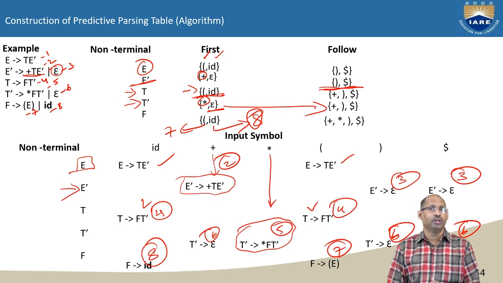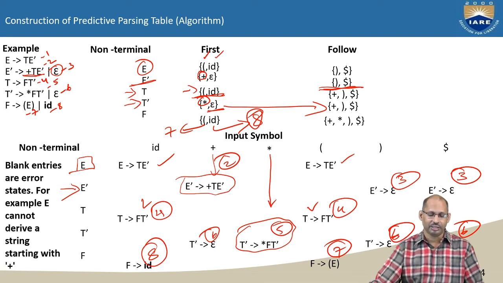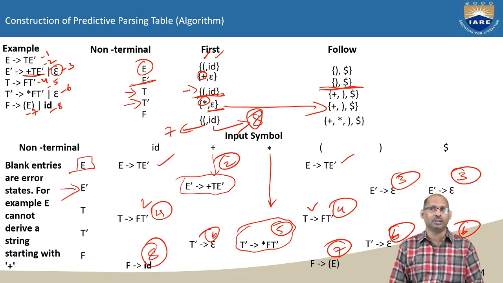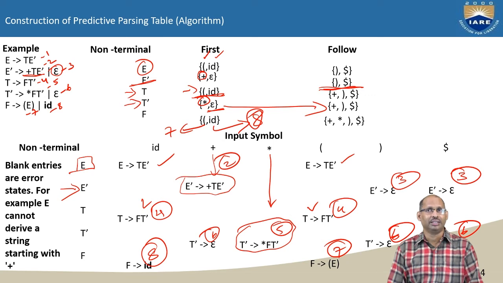So, we have written all the 8 productions in the parsing table, and all the remaining blank spaces are simply errors. So, this is the procedure to construct predictive parsing table.